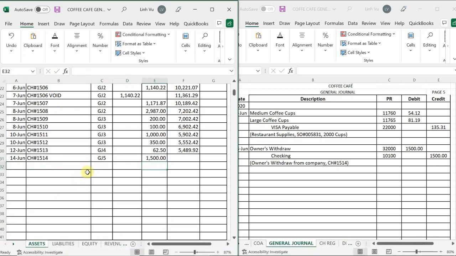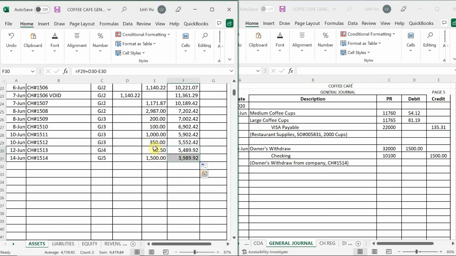So how much money does Mr. Bob, or does Coffee Cafe, have left in the bank account? $3,989.92. Good.